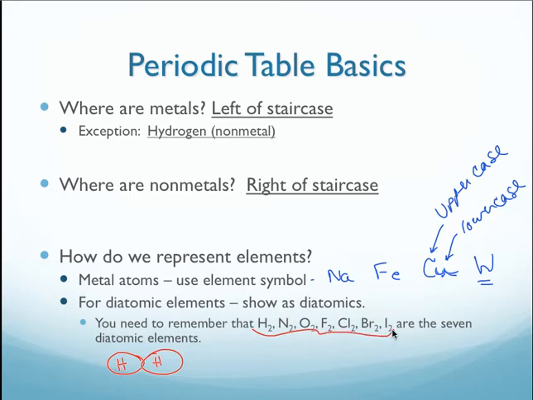So memorizing those 7 is very important, so that when you just hear that oxygen reacts with hydrogen, you know that the oxygen they're talking about is O2. The hydrogen that they're talking about is H2. This is only when they are elements. Okay? Only when they are elements.